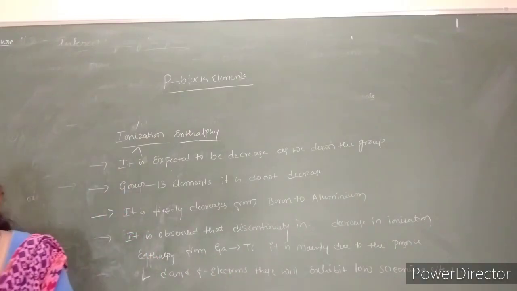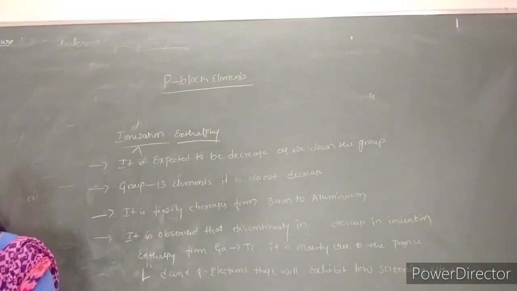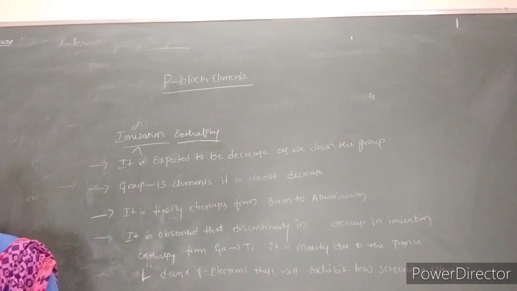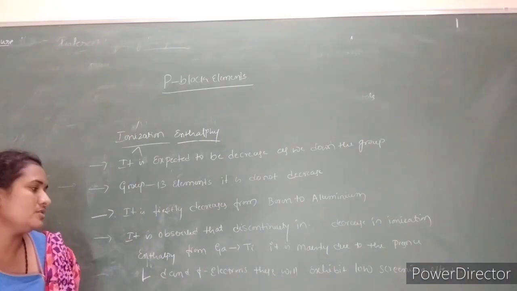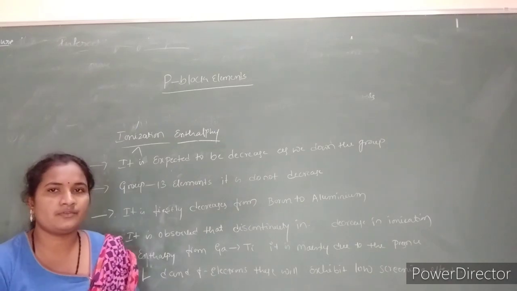So gallium is exhibiting increased ionization enthalpy compared to aluminum, and again indium is showing decreased ionization enthalpy, and again thallium is showing increased ionization enthalpy. It is mainly due to the presence of d as well as f electrons.